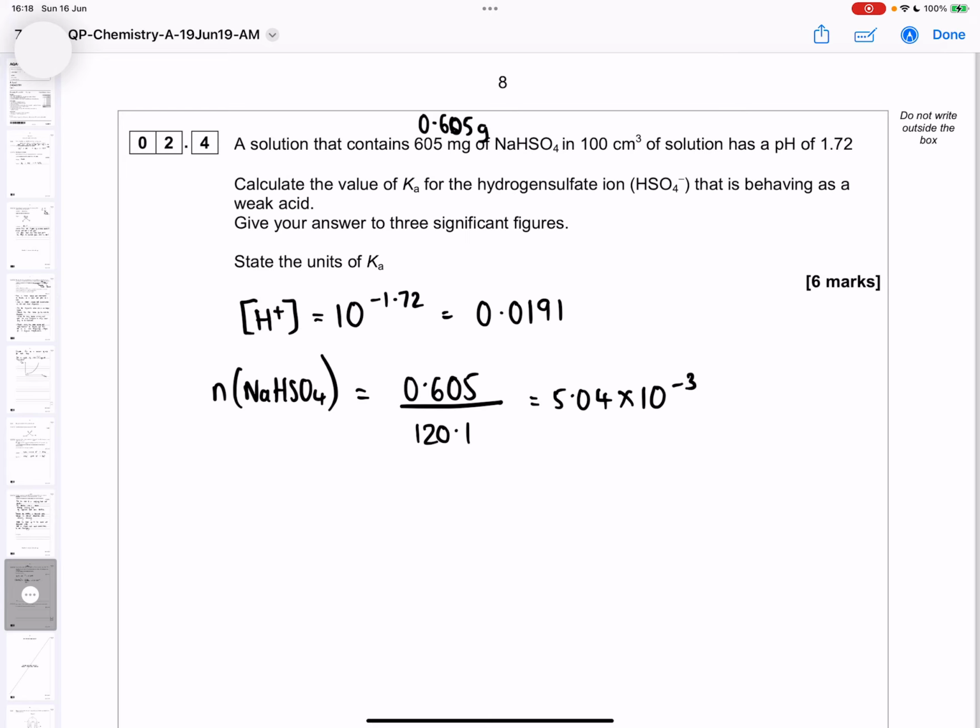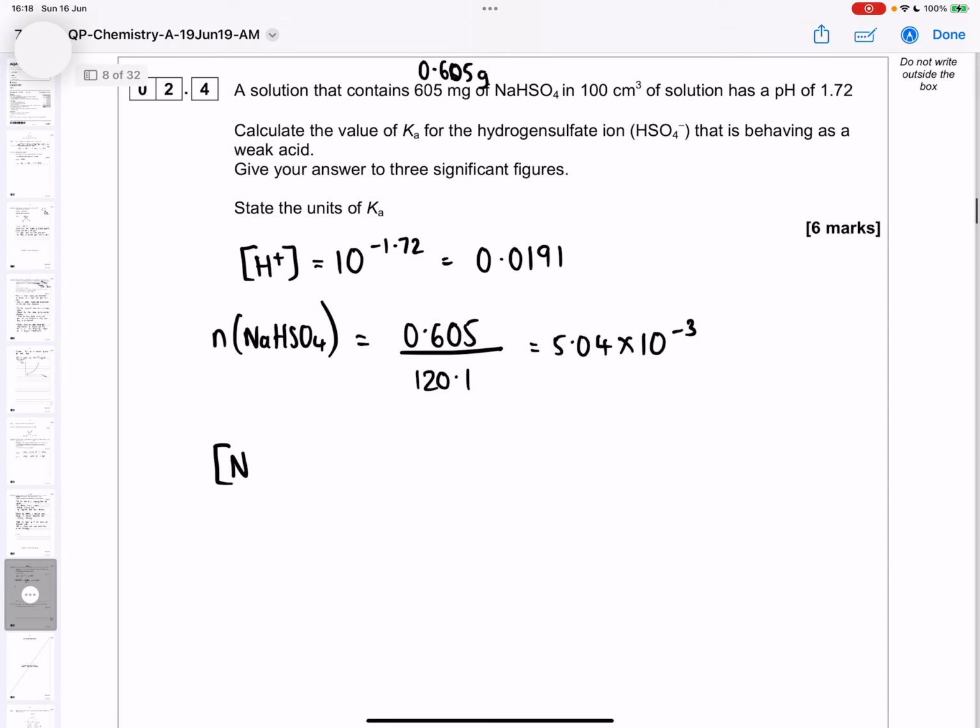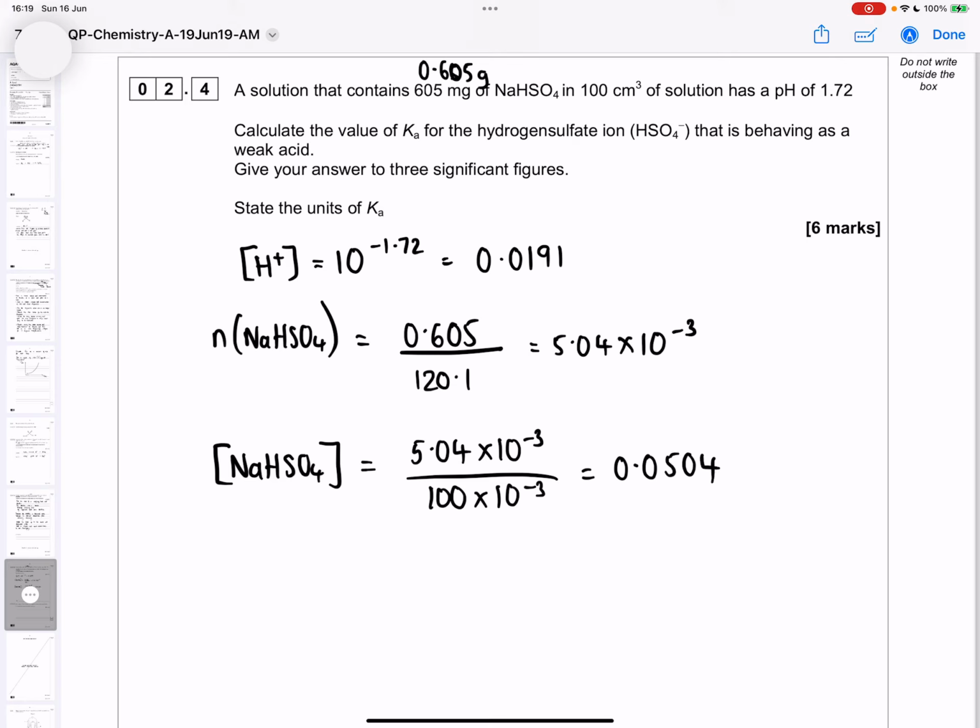I'm going to turn that into a concentration by dividing by volume, making sure that volume goes into decimetres cubed. Okay, so I've got the concentration.